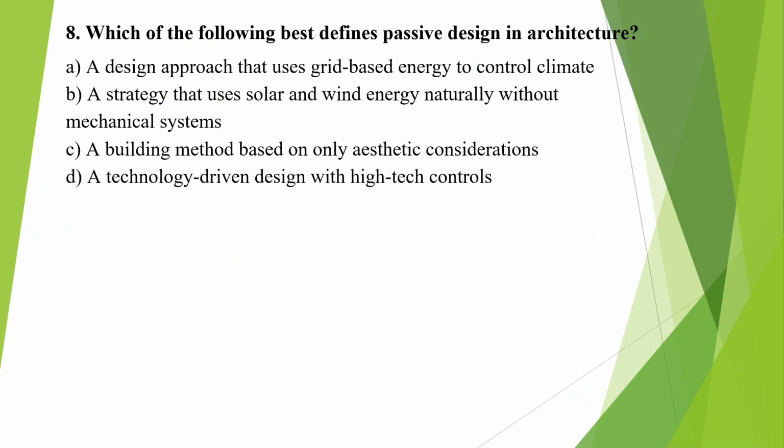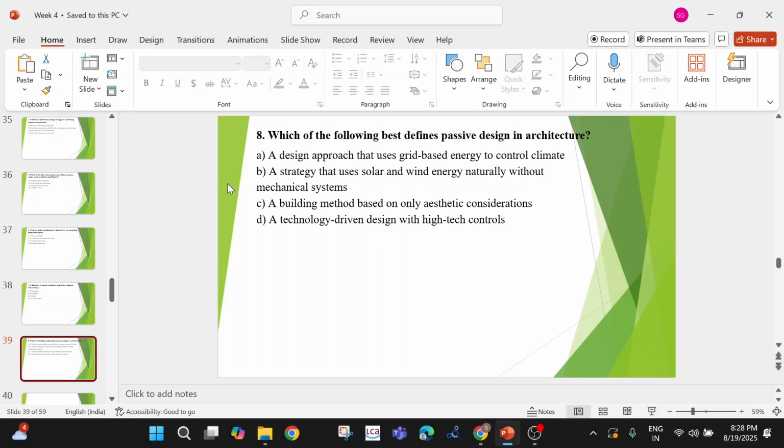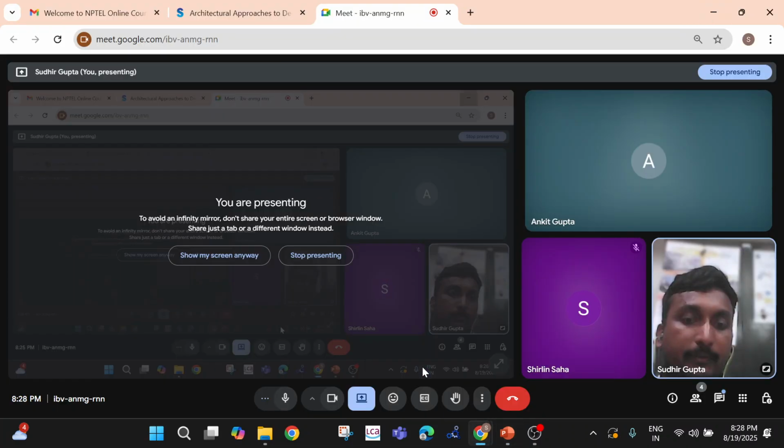And let me project again for those who have not got it. Which of the following best defines passive design in architecture? A design approach that uses grid-based energy to control the climate, or the strategy that uses solar and wind energy naturally without mechanical systems, or a building method based on only aesthetic considerations, or technology-driven design with high-tech controls. Let's see whether you are able to answer it correctly or not.